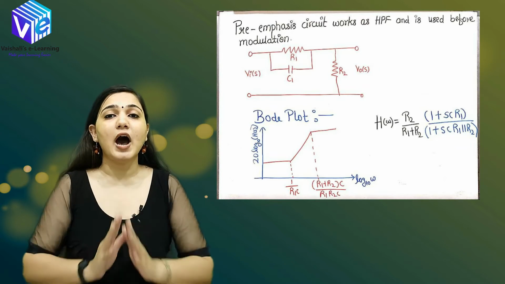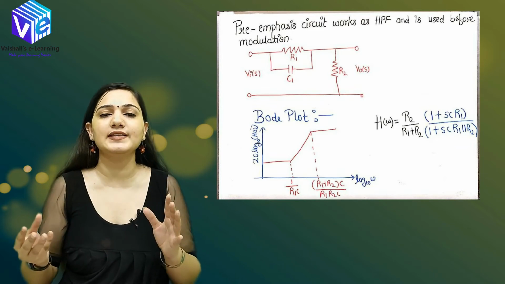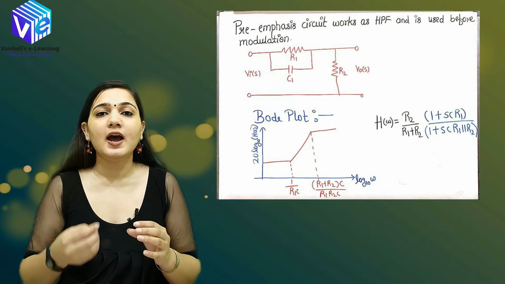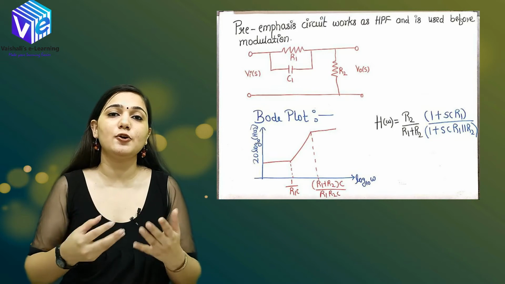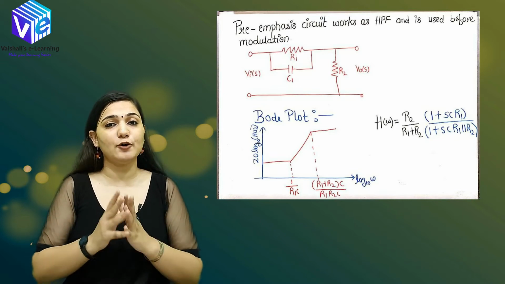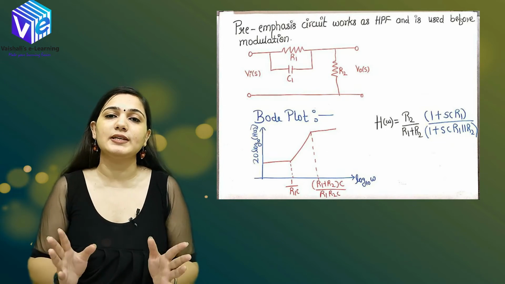I hope now pre-emphasis is clear. We are boosting high frequency signals to avoid extra high frequency noise. Why is the extra noise there at higher frequency? Because the output power spectral density varies with the square of frequency.